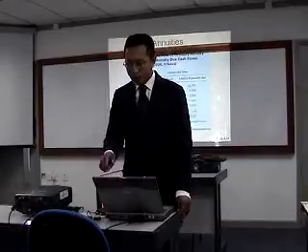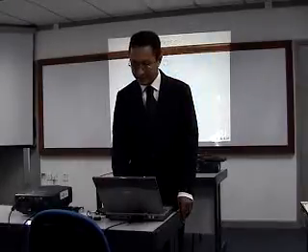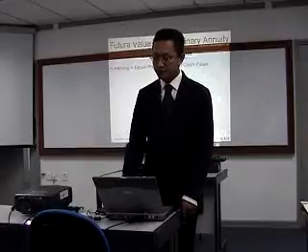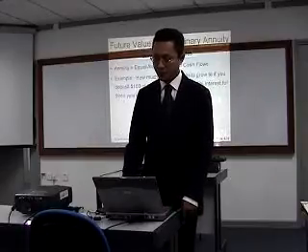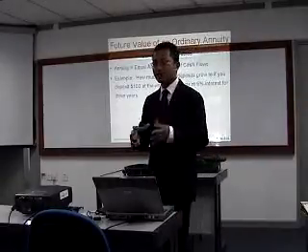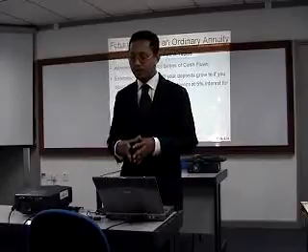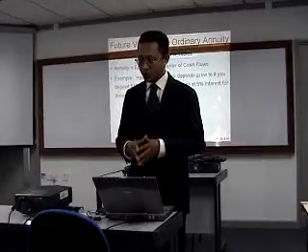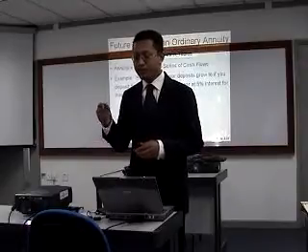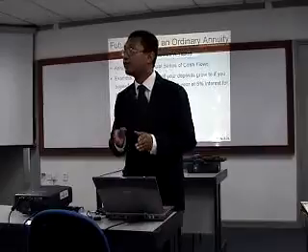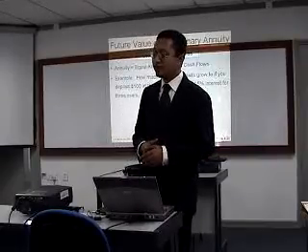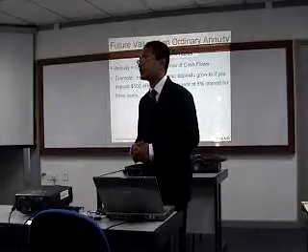Now if you look at this example, this is ordinary annuity. How much will your deposits grow to if you deposit 100 at the end of each year, which is an ordinary annuity, at 5% interest for 3 years?